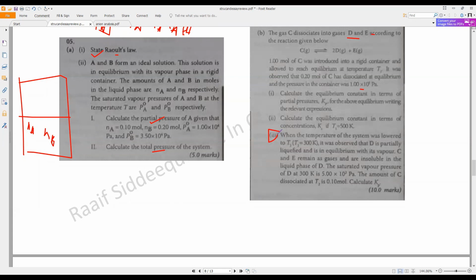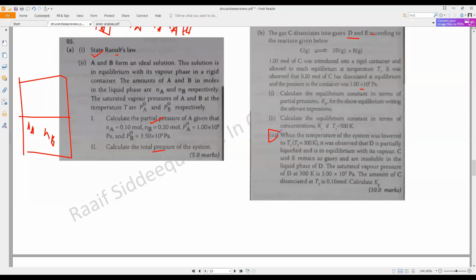Think about this. D is partially liquefied and it is in equilibrium with its vapor. So this same equilibrium lies, but here there is another equilibrium that is going on. The saturated vapor pressure of D at 300 Kelvin is also given as 5 into 10 to the power 2 Pascal.